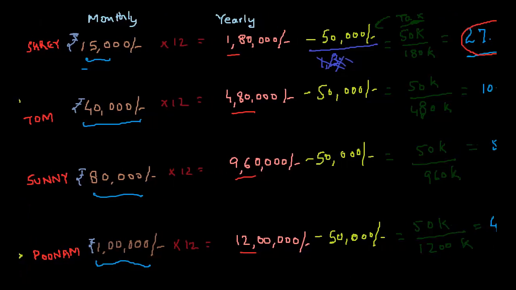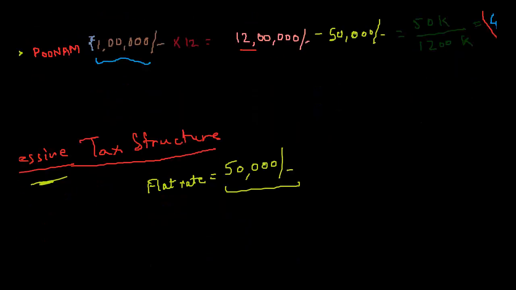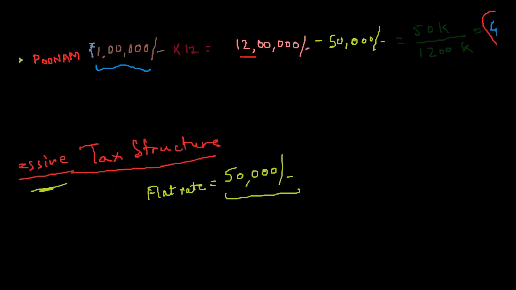There could also be a scenario where, let's say, a person named Sakshi is earning only 40,000 a year. Maybe she's very poor, or she had losses in her business, and at the end of the year she saw that she's able to manage only 40,000.